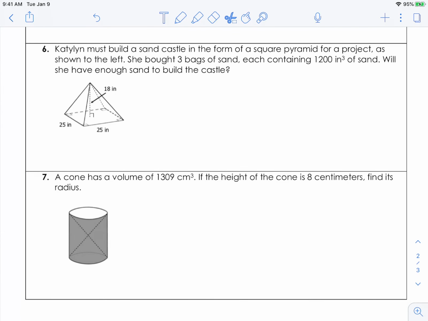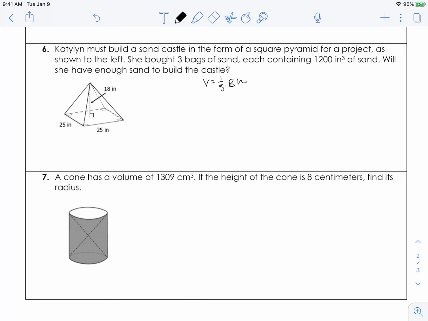Okay, so looking at our two word problems, Catlin must build a sandcastle in the form of a square pyramid, shown below. She bought 3 bags of sand, each containing 1,200 cubic inches of sand. Will she have enough sand to build the castle? Okay, so first I need to figure out the volume of the square pyramid, which is just 1/3 base times height again.